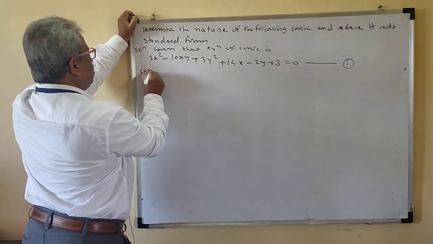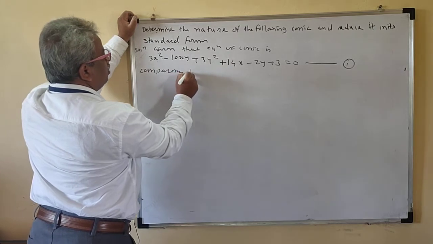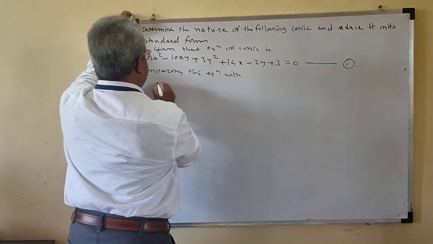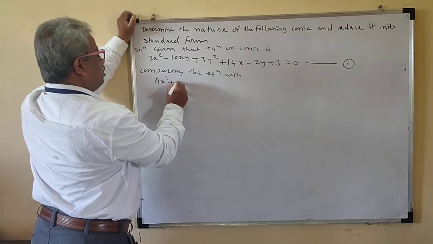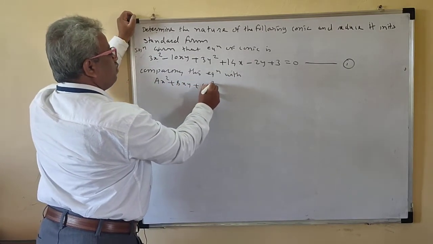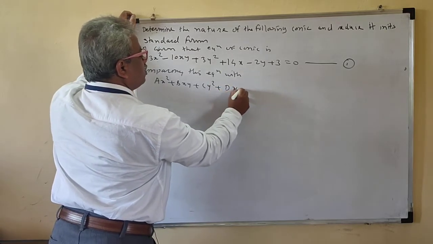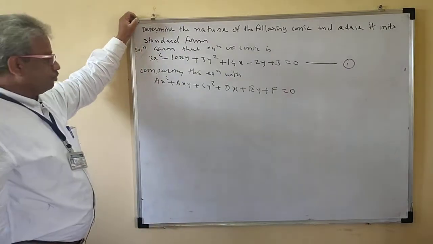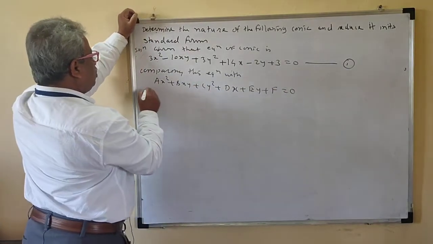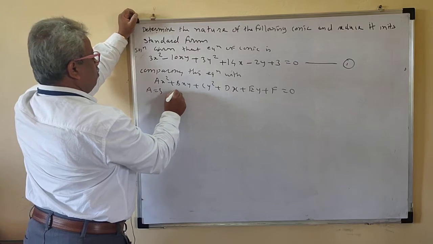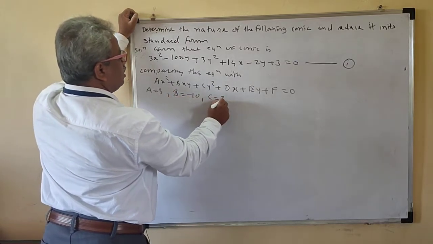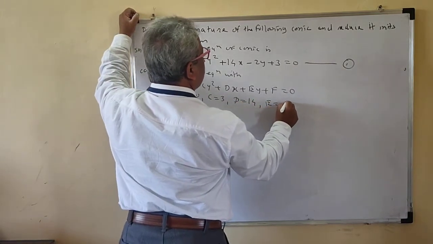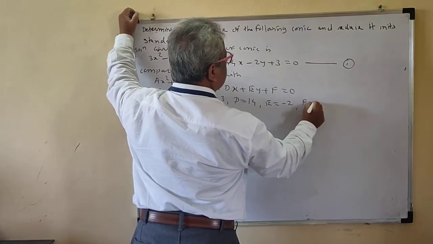Comparing this equation with ax square plus bxy plus cy square plus dx plus ey plus f is equal to 0. Okay, so a is 3, b is minus 10, c is 3, d is 14, e is minus 2, and your f is 3.